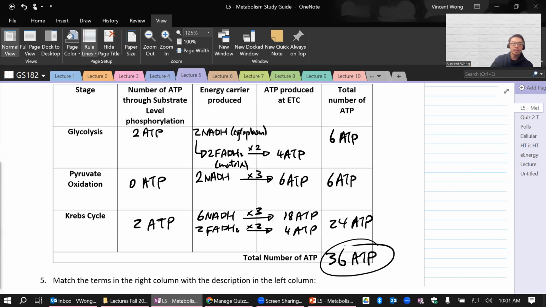That's how you get the 36 ATP. Any questions?